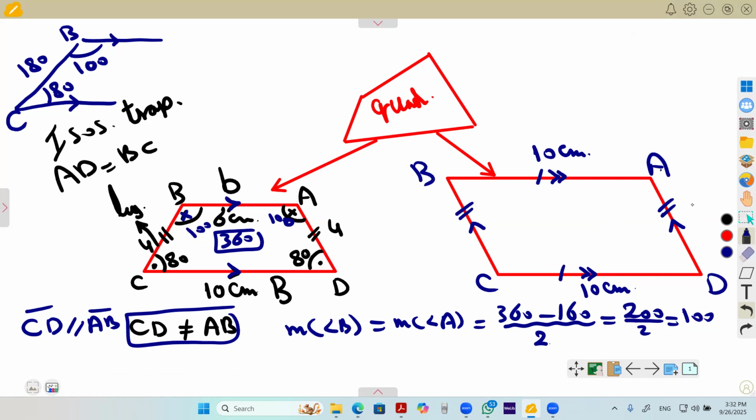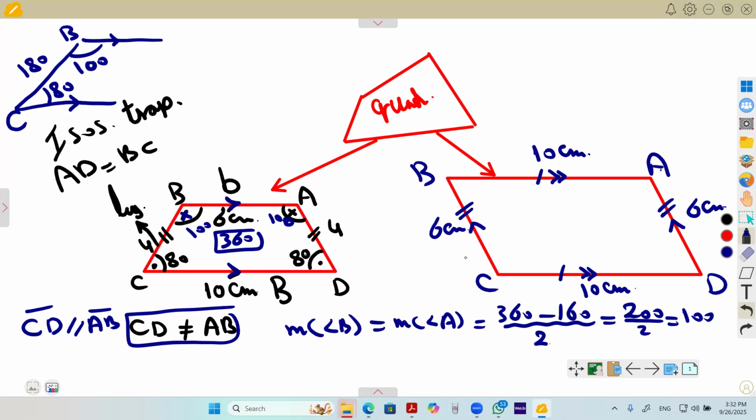If AD is 6 centimeters, BC must be 6 centimeters. These are the two properties of the sides of the parallelogram: each two opposite sides are parallel and equal in length.